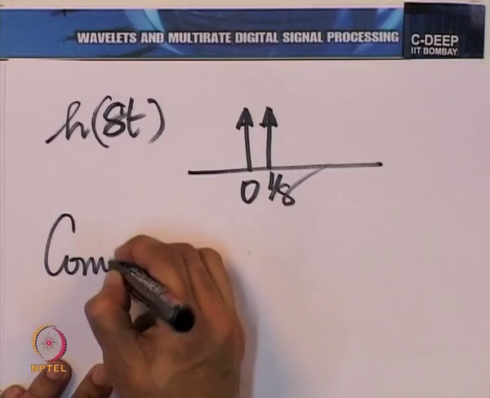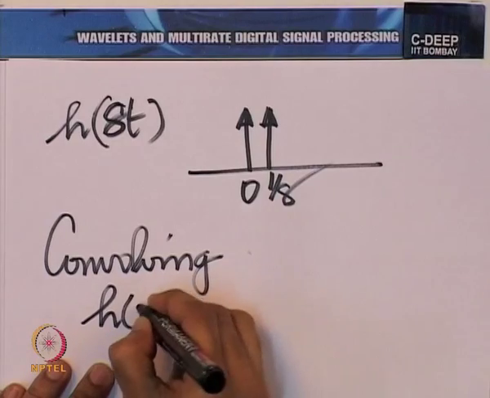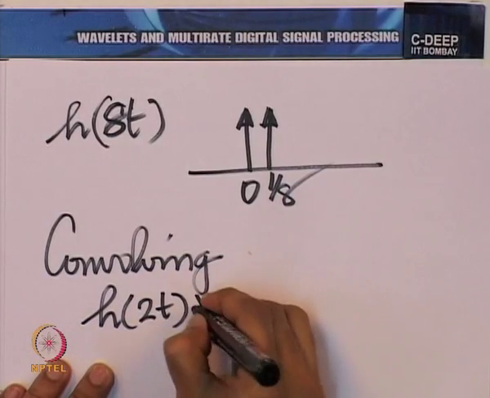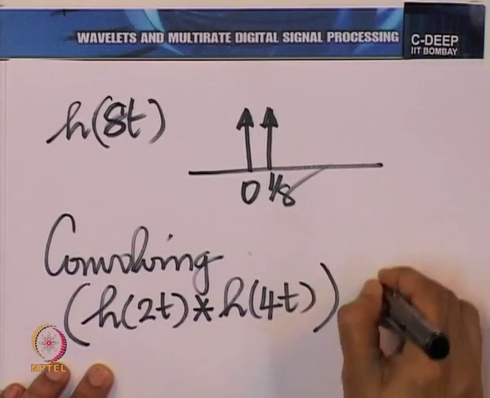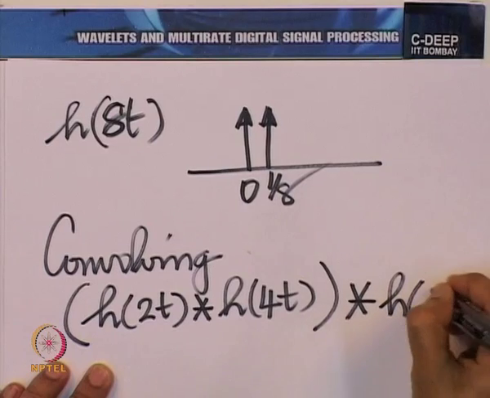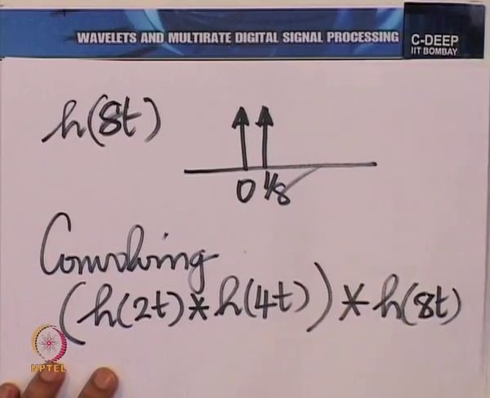And convolving h of 2t convolved with h of 4t, and then the whole convolved with h of 8t, what will you have?